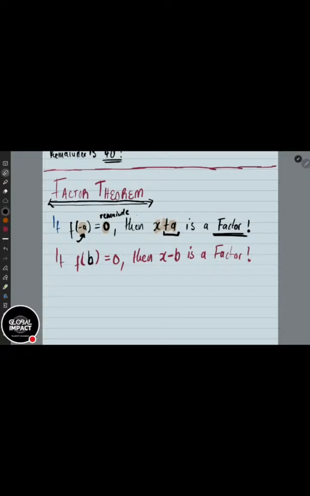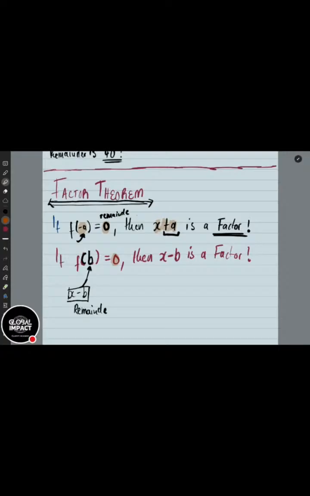F of b, we are feeding b. So we are looking for the remainder when we divide by x minus b. And because we are feeding b, and here we got an answer of 0, which means we are getting a remainder of 0.